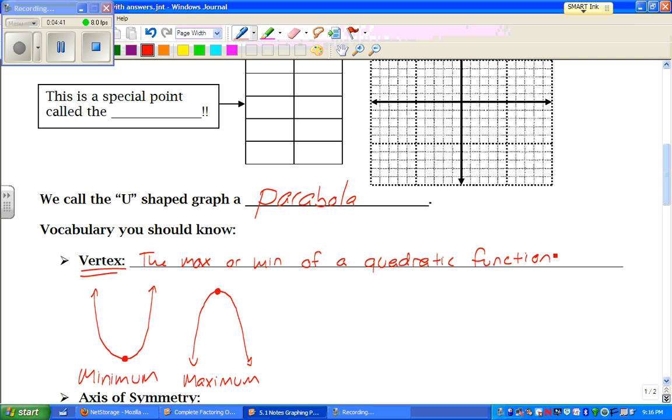There's an actual formula that goes along with this, and make sure you have this in your notes: x equals the opposite of b over 2a.